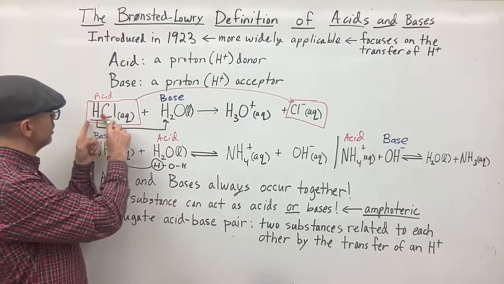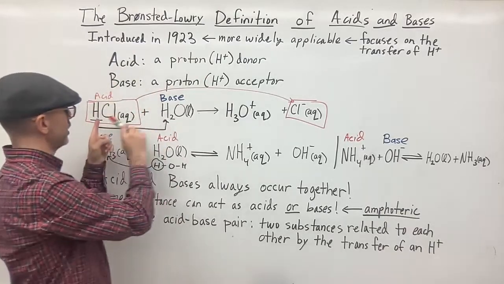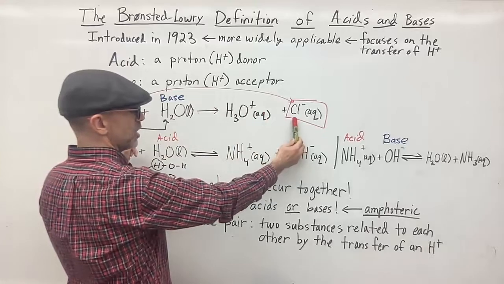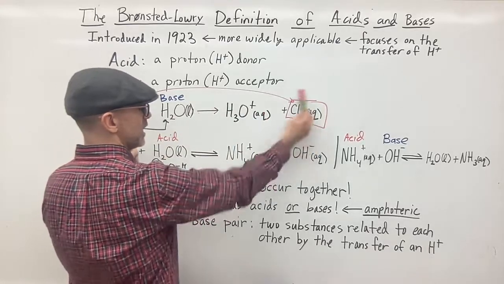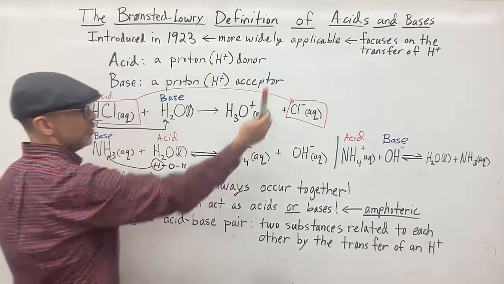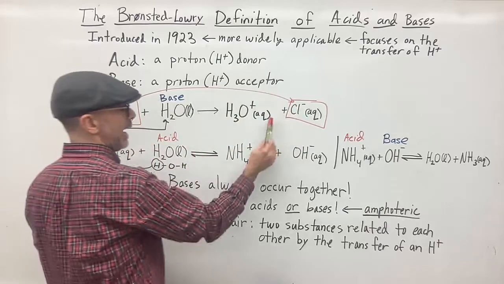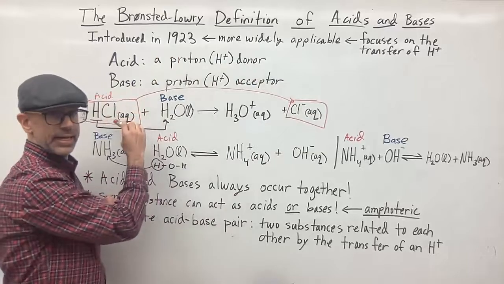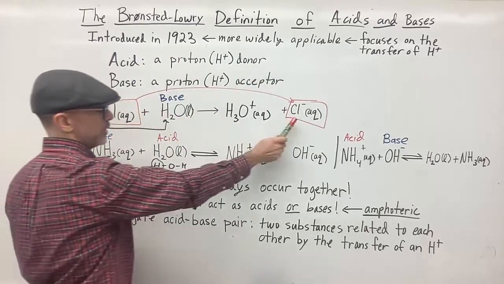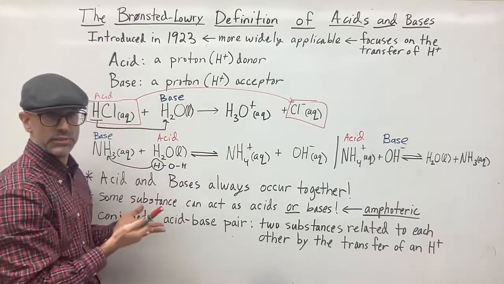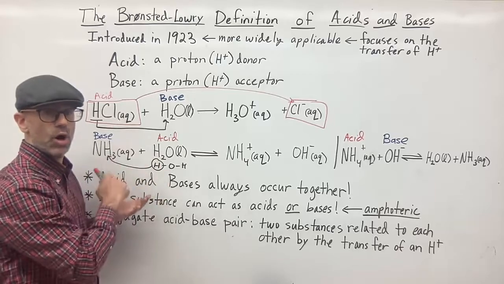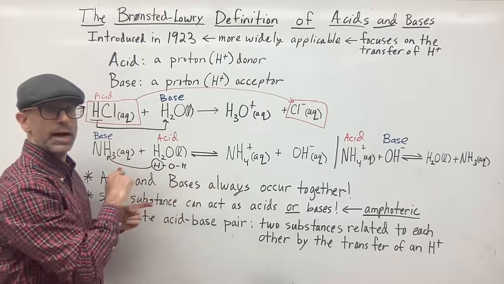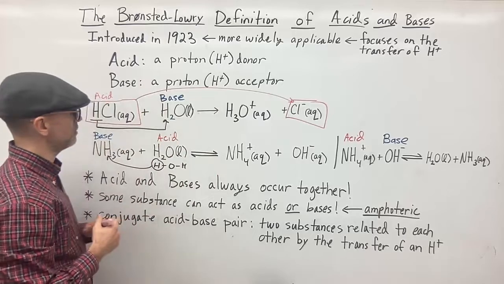So HCl transfers a hydrogen, loses the hydrogen, and becomes Cl minus. You can get the HCl back by adding hydrogen to Cl minus. So these two are related to each other by the transfer of a hydrogen. You get one from the other by transferring the hydrogen.